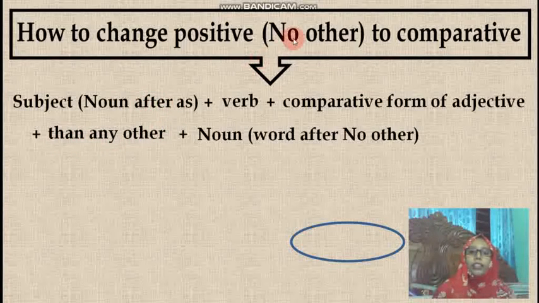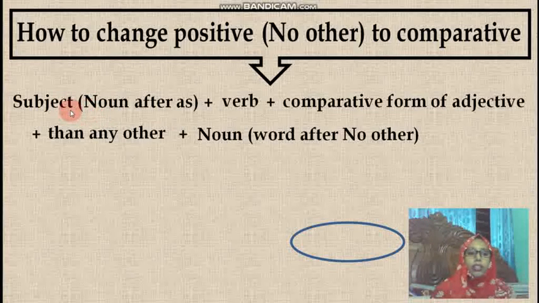If we find "no other" in a sentence, then we have to use "than any other" in the comparative sentence.